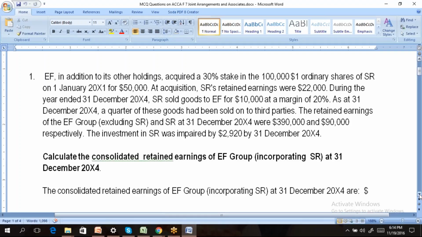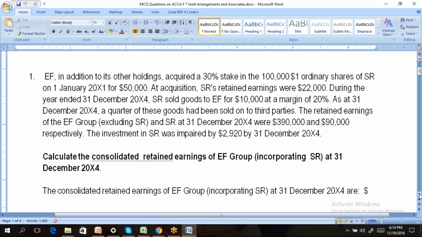During the year they have sold some goods intercompany. Let's keep it for the moment. The day we are going to consolidate, or bring this associate company into the balance sheet, is 31st December 2004. The retained earnings of the EF group excluding SR, and SR, as at 31st were 390 and 90.